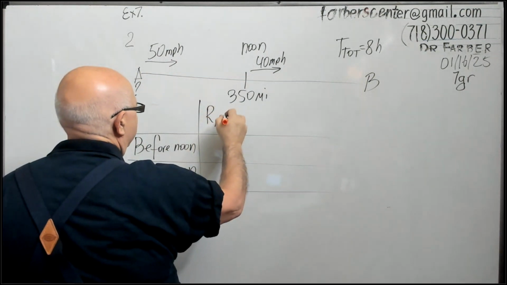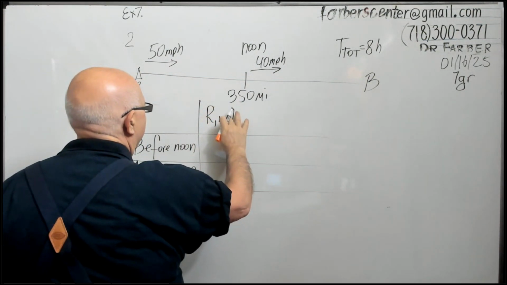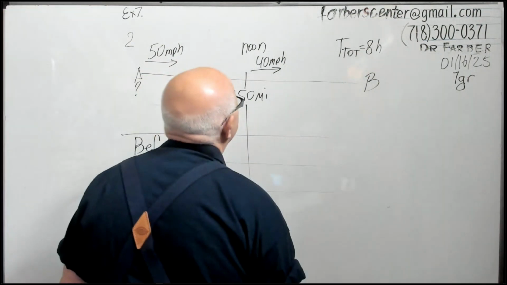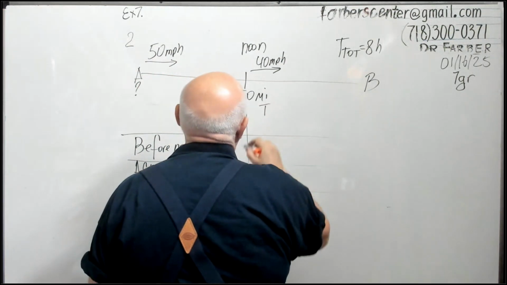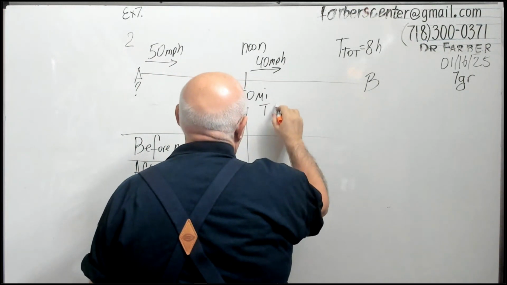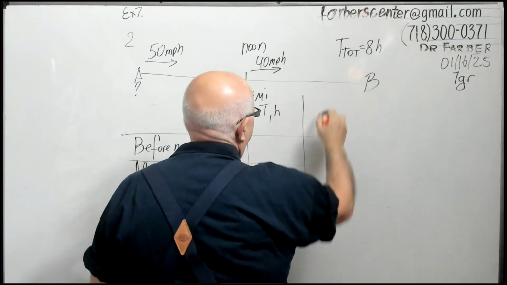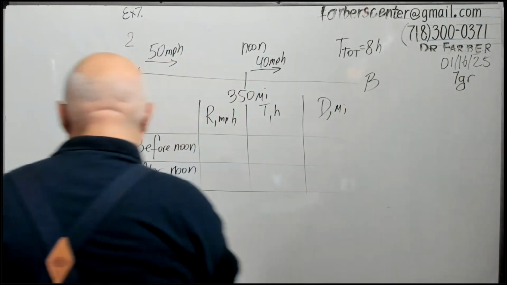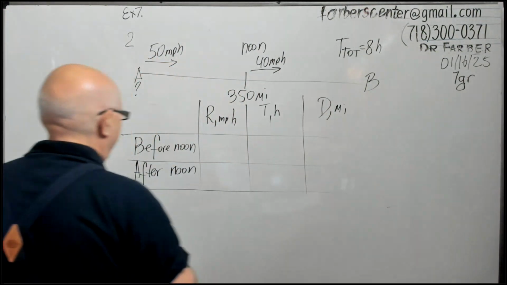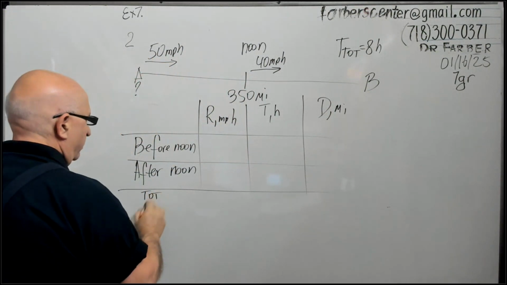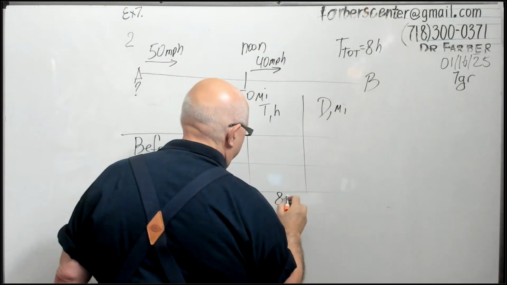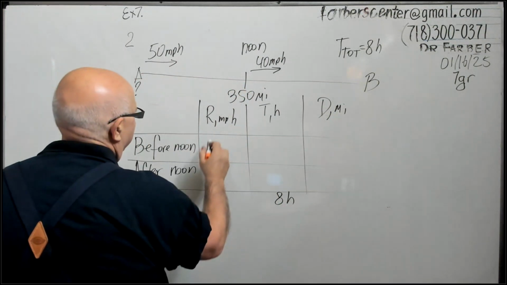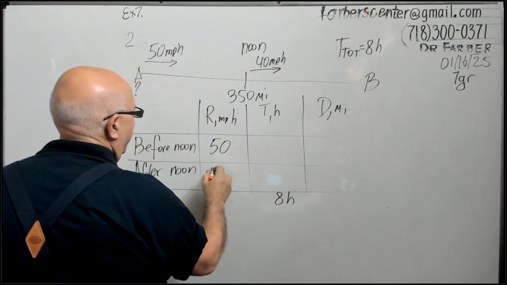Rate in mph, time in hours, and distance in miles. In rate, what do we have? We have 50 and 40 respectively.